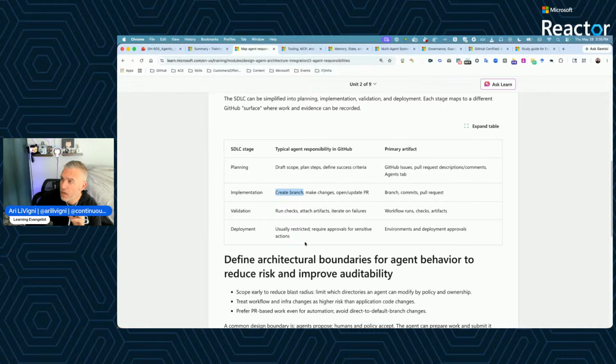And really, the deployment is always going to be restricted. Approvals for sensitive actions. So that's stuff that you want to review as a human, and maybe Copilot helps you review alongside you, as well as another human peer. But you're going to be the gate there.